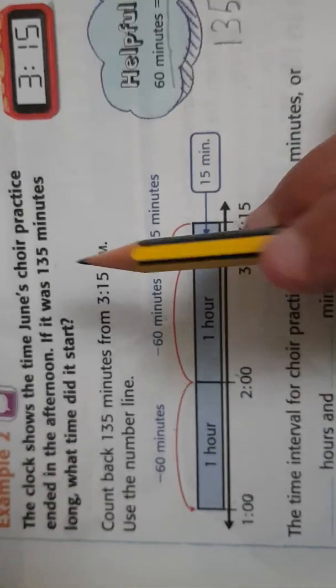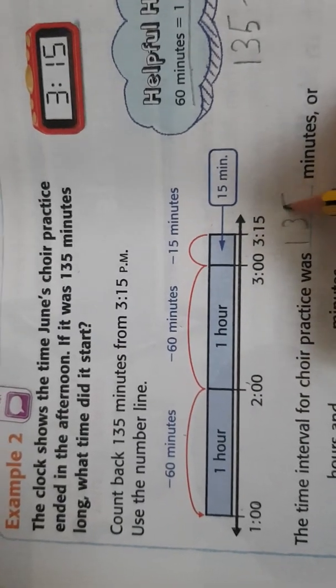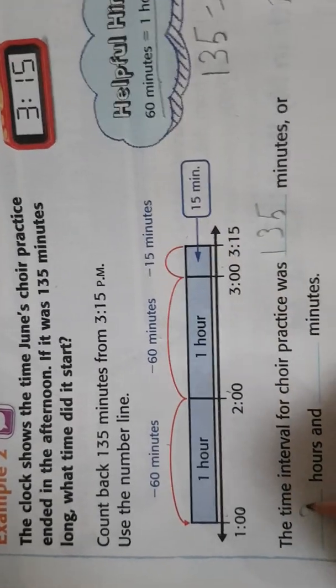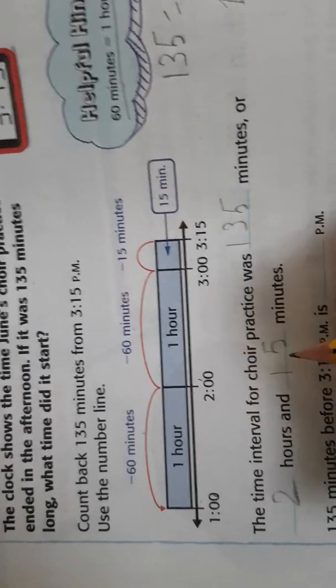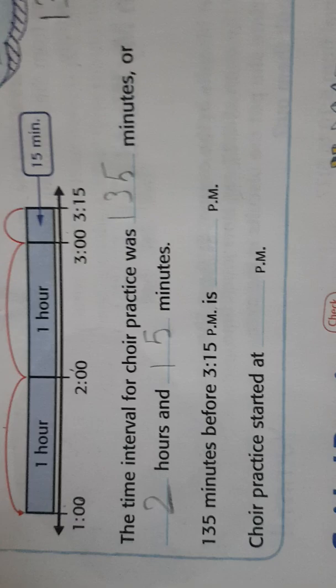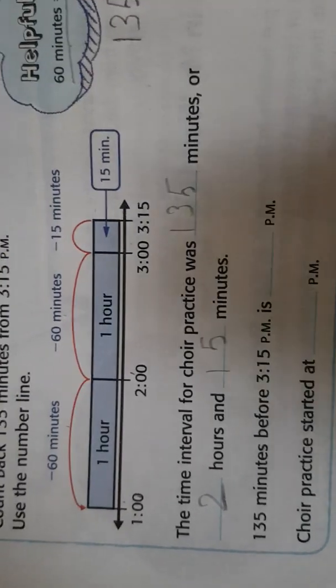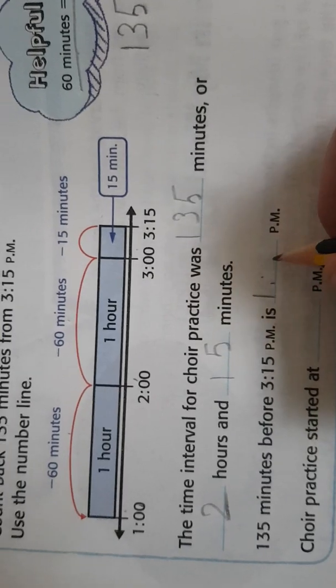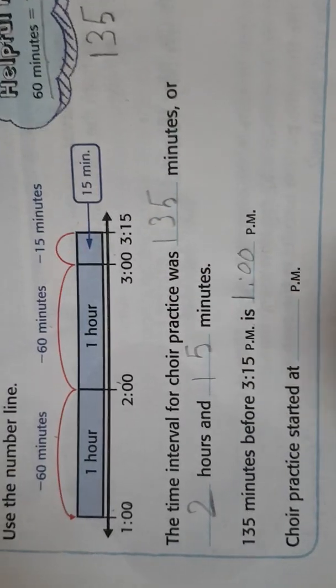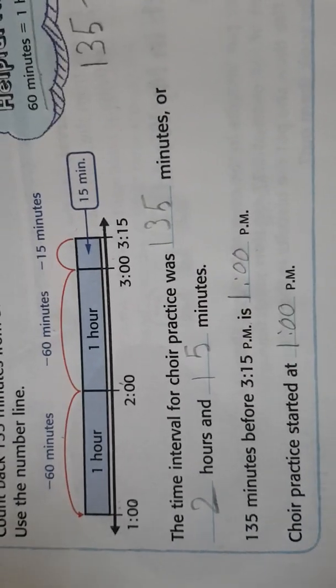We're talking about the interval. They gave us the interval in the question. It was 135 minutes, or 2 hours 15 minutes. So 135 minutes before 3:15 is, as we found, 1 p.m. And so it started at 1 p.m.